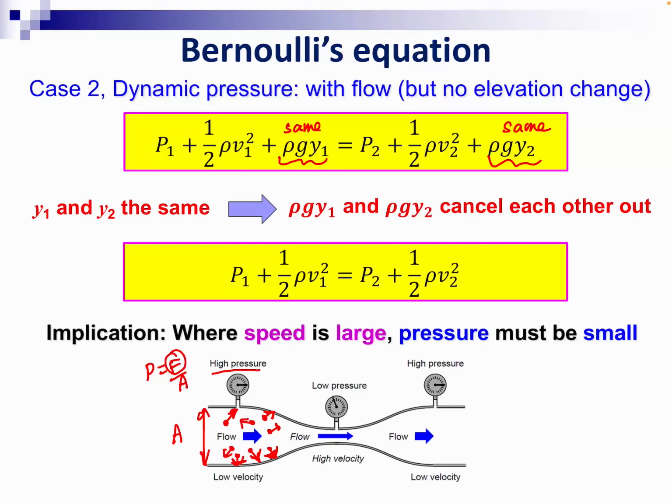On the other hand, in the constricted part of the pipe, you have a narrower cross-sectional area. We've learned that the water molecules should move faster through the narrower cross-sectional area. They need to move very fast, so they don't have the opportunity to dawdle about and hit the walls of the pipe.